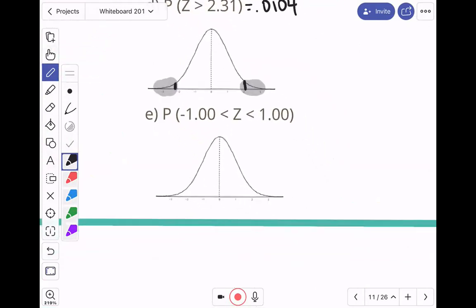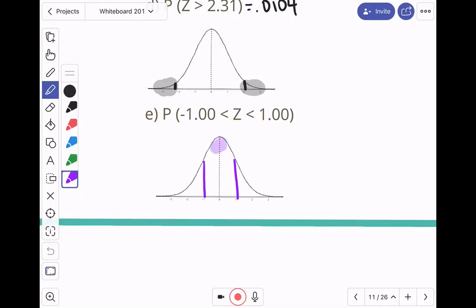The next one says find the probability between -1 and +1. So you're finding the probability between this value and this value. We already know that probability should be approximately what number? 68%. It should be pretty close to 68%. Here's how we calculate it.